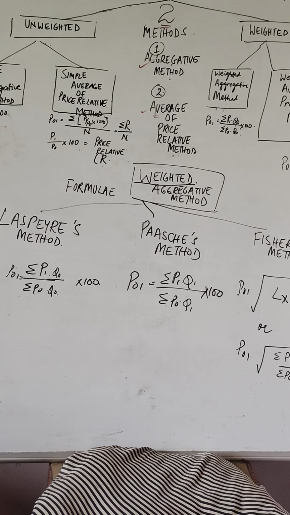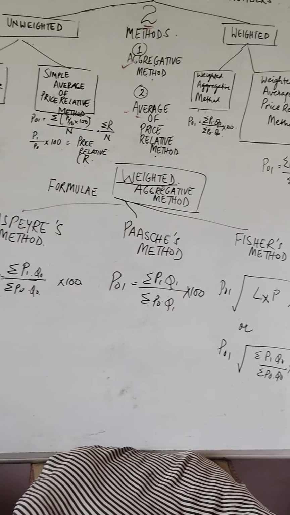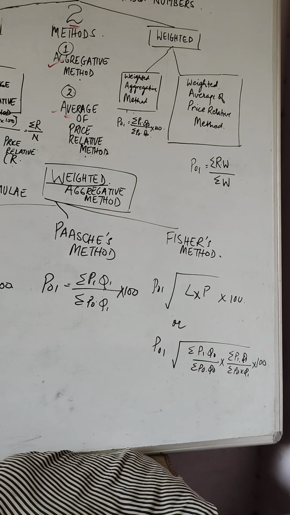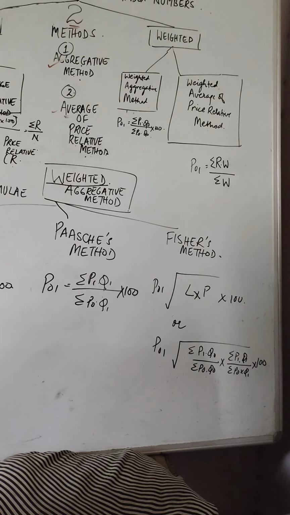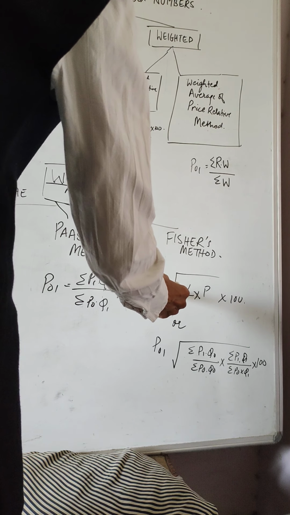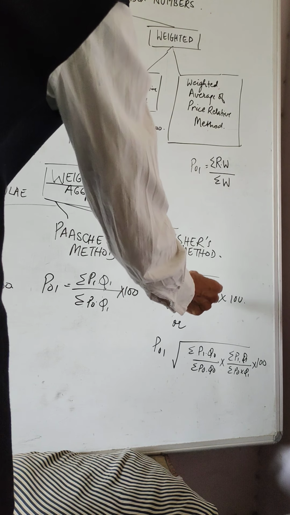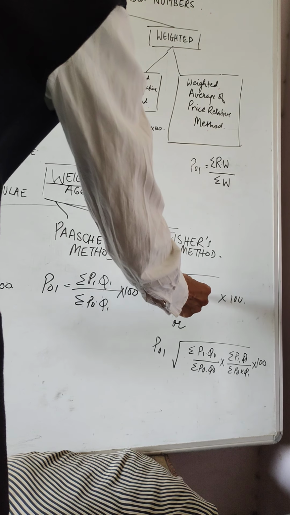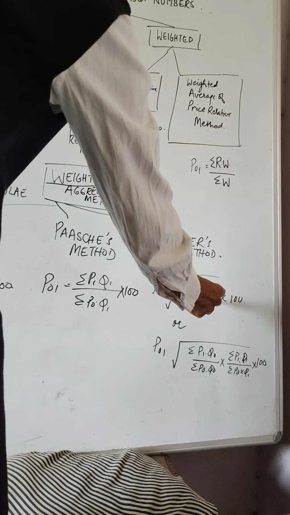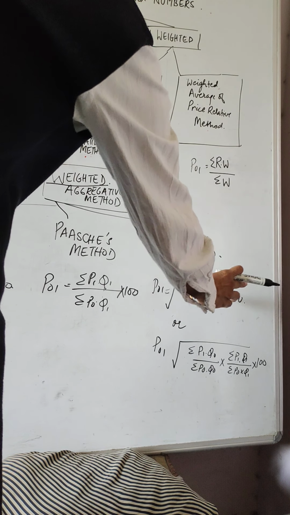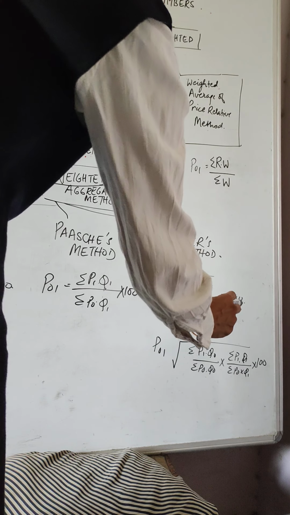Now what is Fisher's method? It's taking both into consideration. In a way, I can write that the index number is equal to the square root of Laspeyres' method into Paasche's method, and then the whole thing is multiplied by 100.